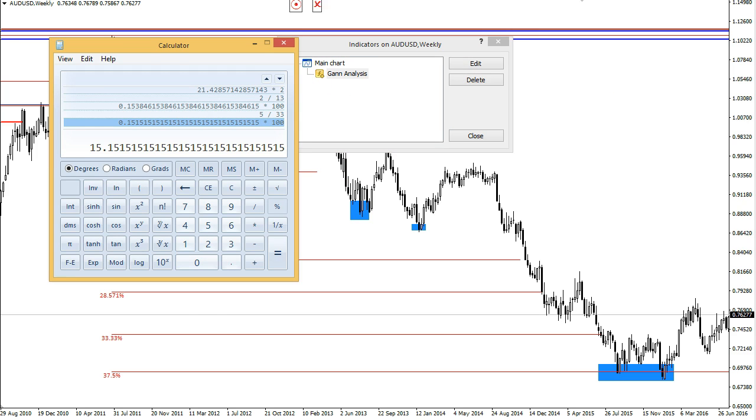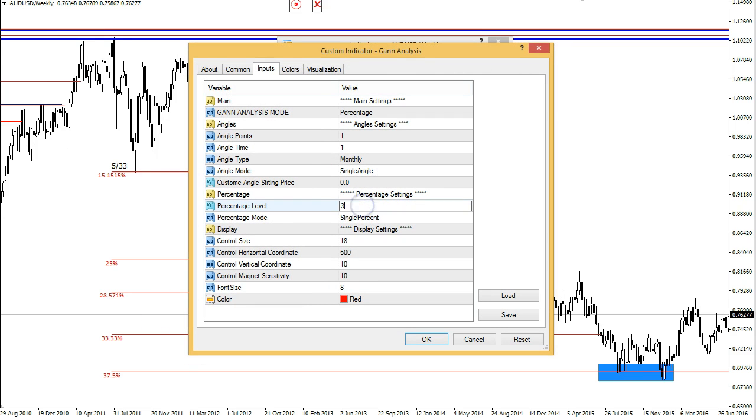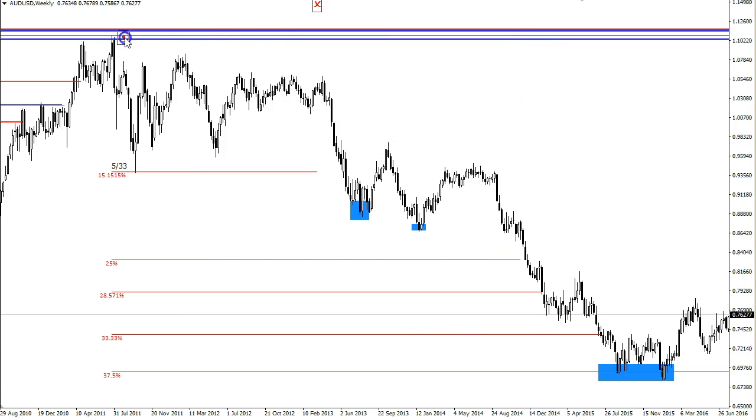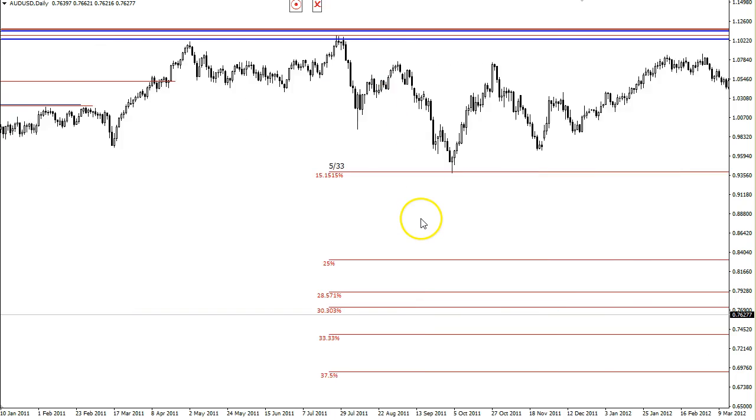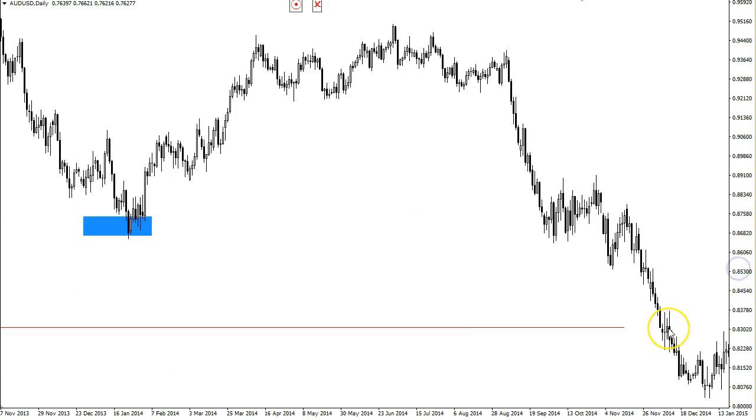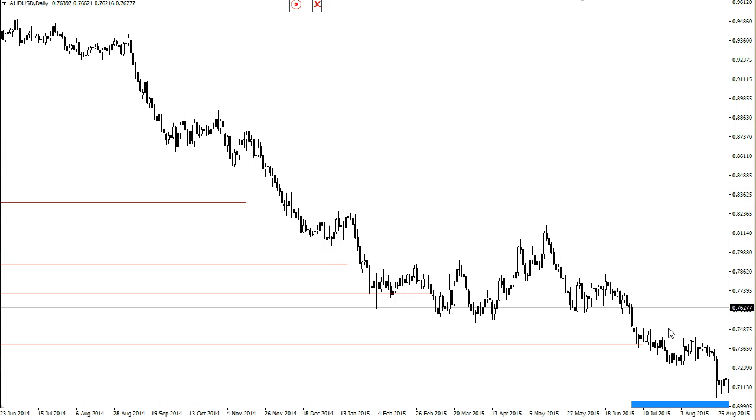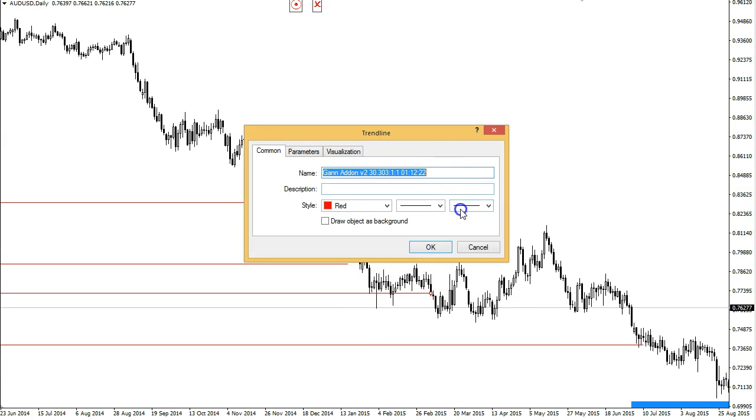15.1515, if you divide it by 2, which is a double, it's 7.5757. Actually I mean the double percentage, 30.3030. Not really that wow reaction. Let's go to the daily chart and we see. You see that we have reaction for a few days.